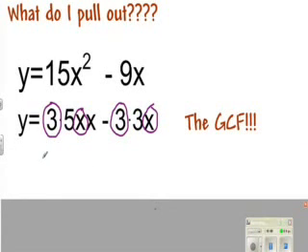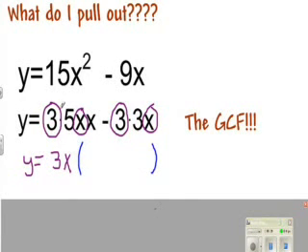So we have y equals 3x times... all right, we got some leftovers here. When we take out 3x from both terms and put it on the outside, undistribute it, take it away, then this term is left with a 5x, and this one's left with a 3.